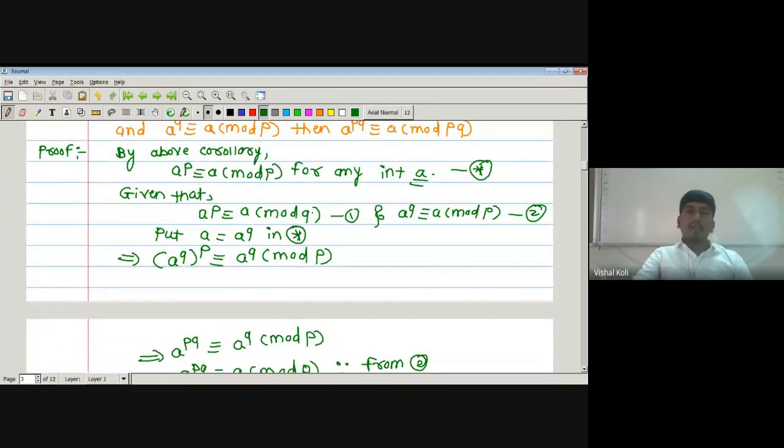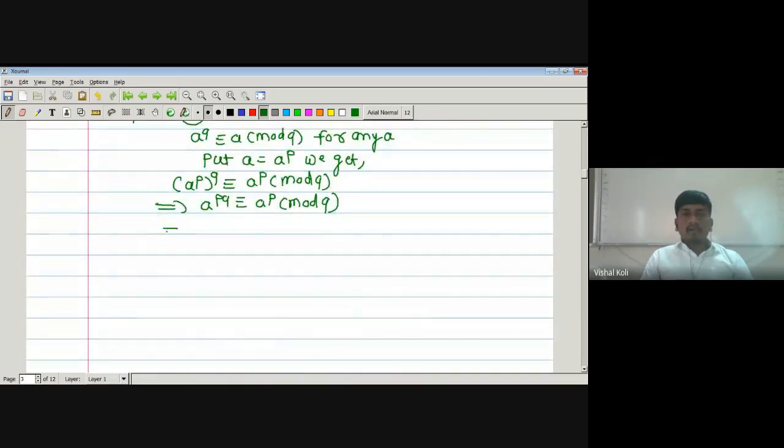Then by transitivity we get a to the power pq is congruent to a modulo q, which is from equation 1. Now call this one equation 4.